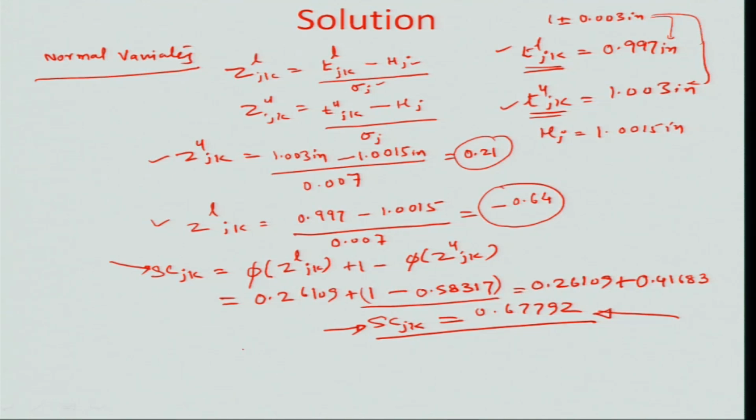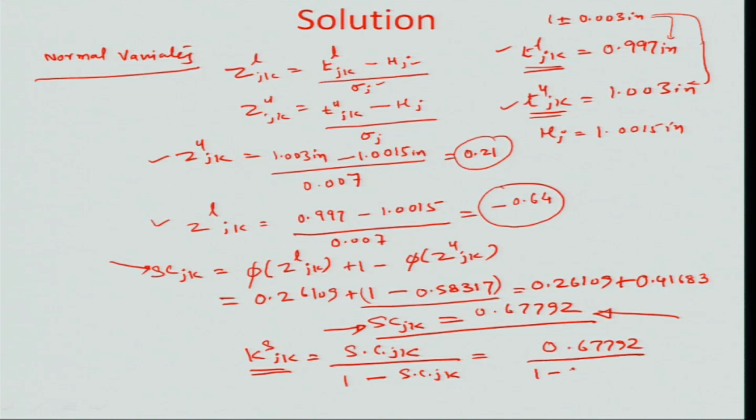Obviously, the technological coefficient for the scrap can be defined as the scrap fraction in the Jk case divided by 1 minus the scrap fraction in the Jk case. It comes out to be 0.67792 divided by 1 minus 0.67792, which is equal to 2.1048.